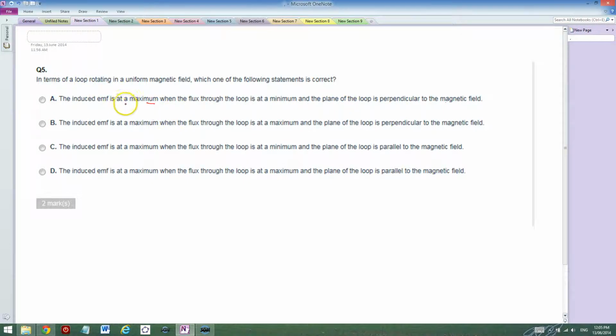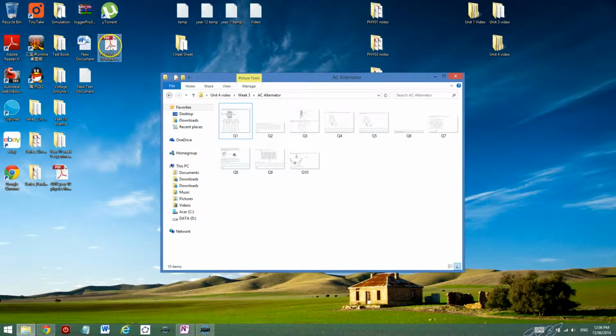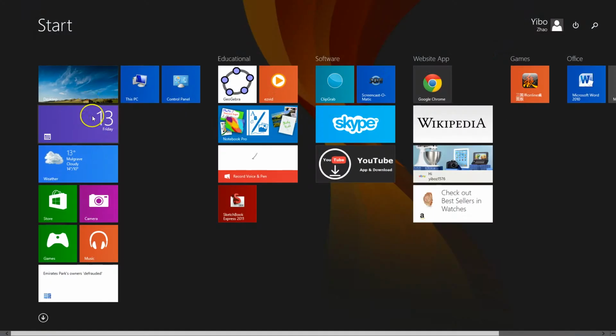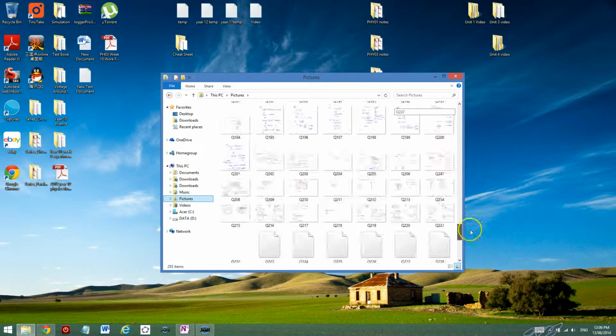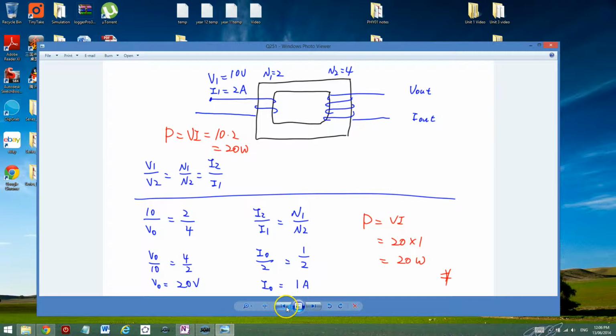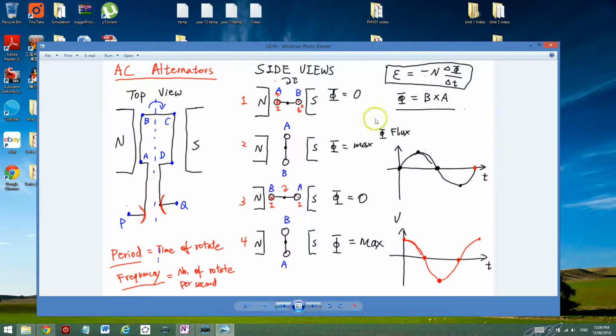If you go back to your notes, here, the voltage is at the maximum when the coil is parallel to the magnetic field, at position 1 and position 4.